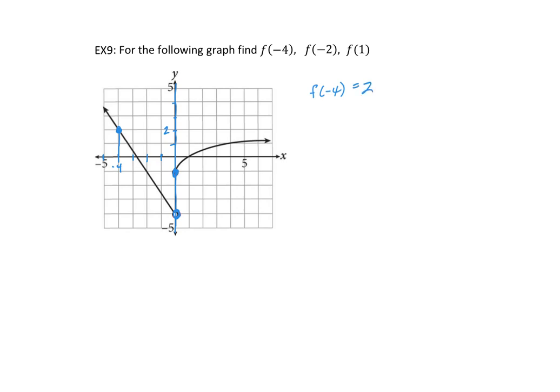The next one would be f of negative 2. If x is negative 2, so that would be at this second tick mark from the origin towards the left, I go down on the graph and I have a corresponding y value of negative 1.